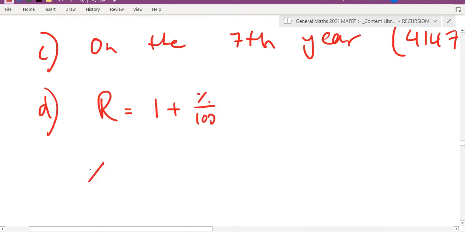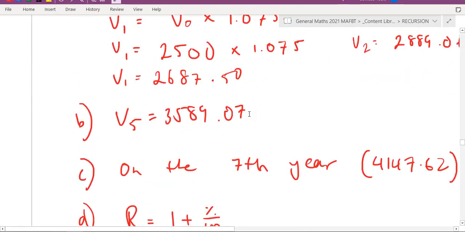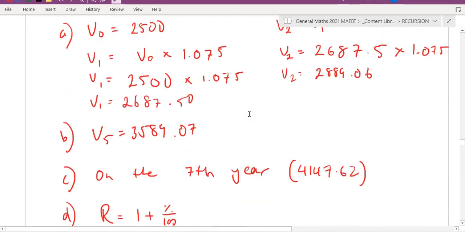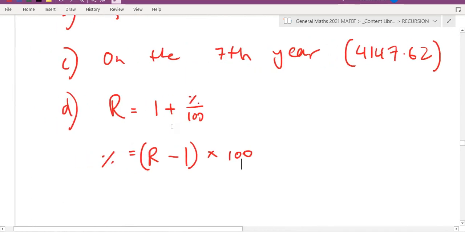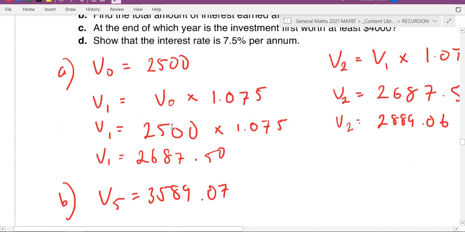It's going to be R take away 1, and then times by 100. I remember now. So to prove that the percentage rate is 7.5, we're going to use this formula, not the other one. The other one was for arithmetic, and it's slightly different for geometric.